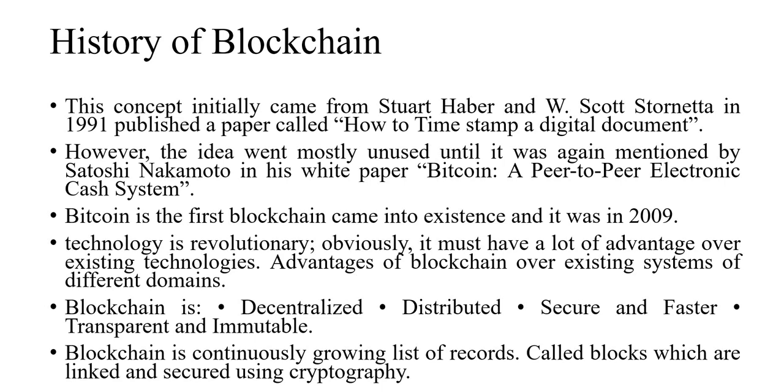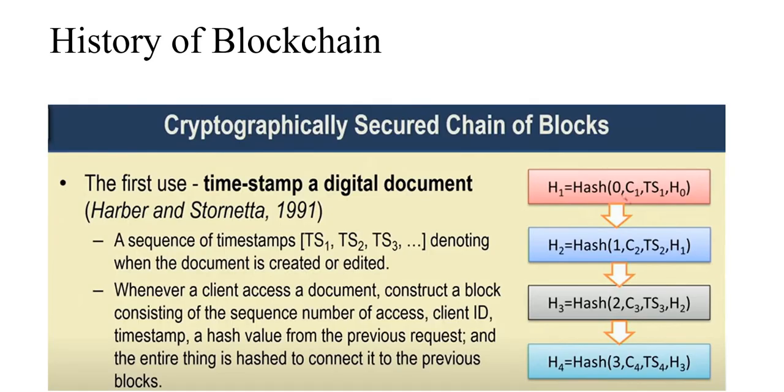Initially, you can see in this image, we have some hash value h0. Whenever we are having this block information, we make hash of this entire information and get this value of h1.